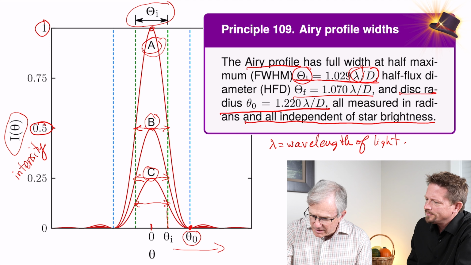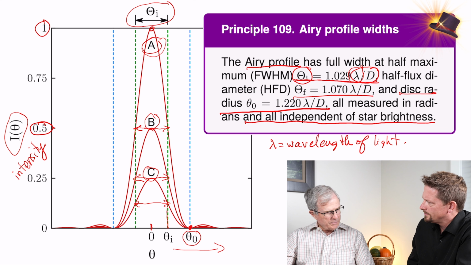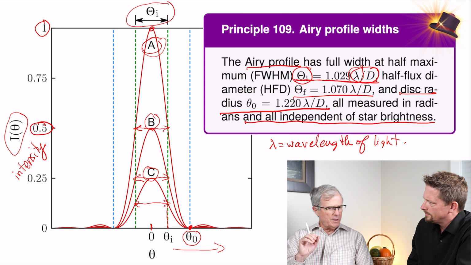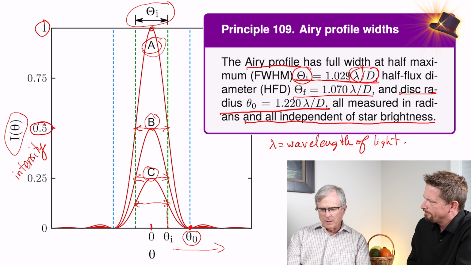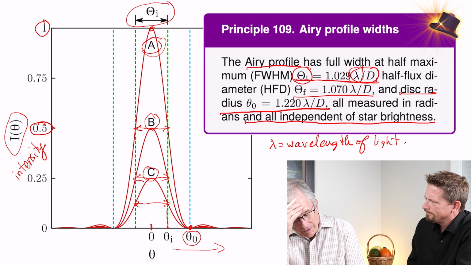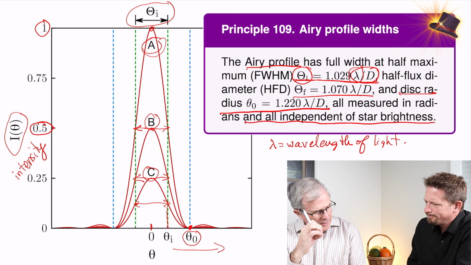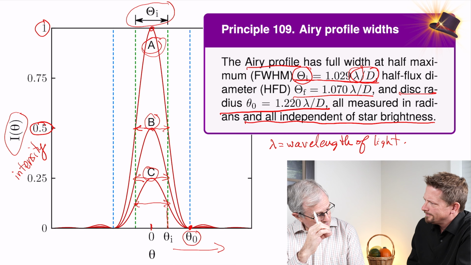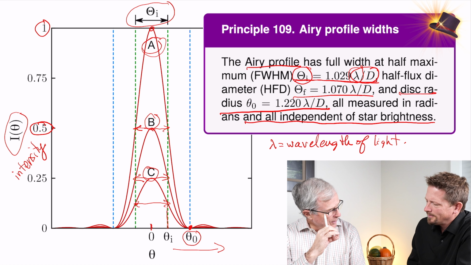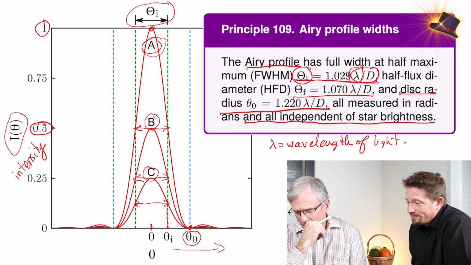So that says that this full width at half max is going to be bigger for pure red light coming through than it is for blue light coming through. So one embarrassing thing about that is that when you're imaging the Airy disks, if you have a star that has both red light and blue light, which all stars do, the red Airy disk is going to be bigger than the blue Airy disk. It's just life, because it's the larger wavelength.